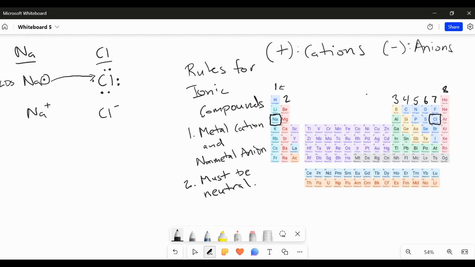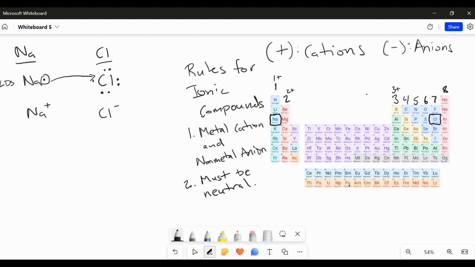So now it's more negative than it was at the start. And we could actually get this information from the periodic table because each element in a particular column will end up having the exact same charge when it forms an ion. And all of these are dictated by the octet rule. So all these in group 1 will all end up with a +1 charge. All these in group 2 will have a +2 charge. All these in group 13 will have a +3 charge.